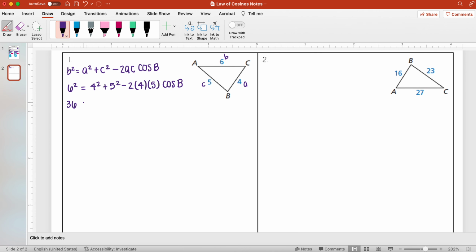So to find that out, I have 36 is equal to 16 plus 25 minus 2 times 4 is 8. 8 times 5 is 40. And here I am just simplifying so I can get cosine of B by itself, and then I can take the inverse cosine on both sides. So first I need to add 16 and 25, and when I add 16 plus 25, I get 41. And subtract 41 from both sides.